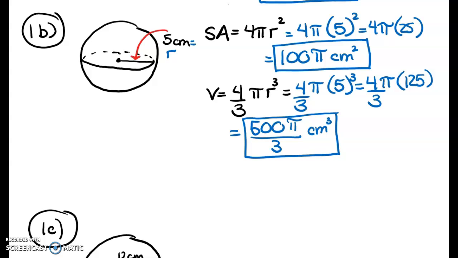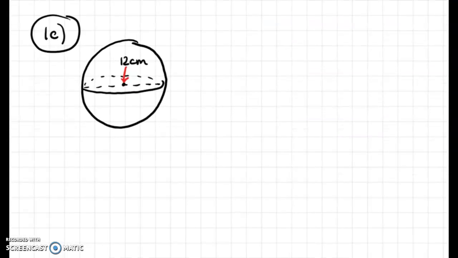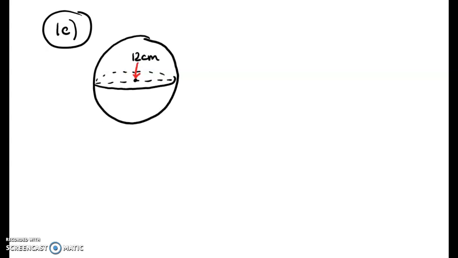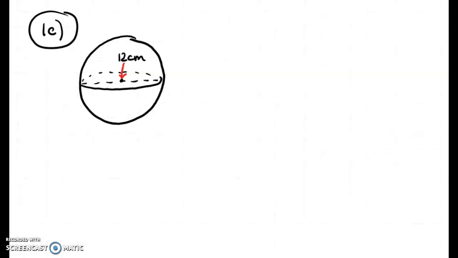So that's my answer. Okay, and then for 1C, here's a problem that's very similar. Here in this problem, they're not giving you the radius. So we need to calculate the radius. They drew a line in here for your diameter. So 12 centimeters is your diameter, so your radius is going to be half of that.